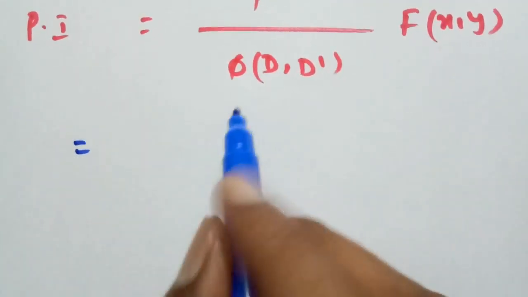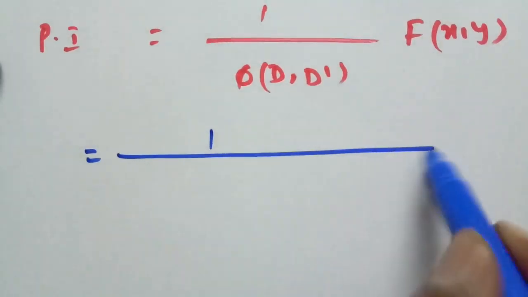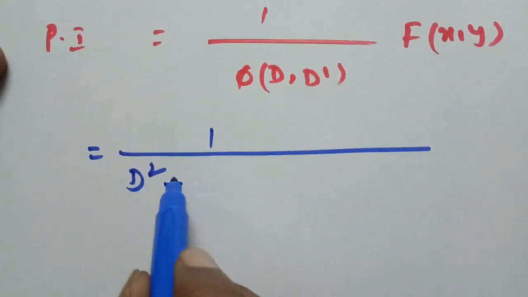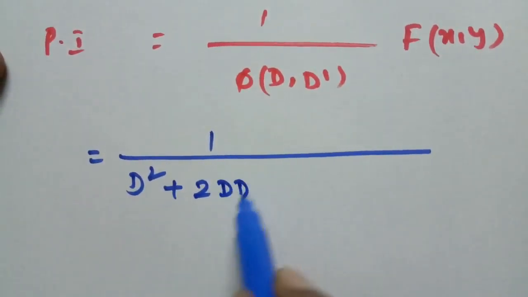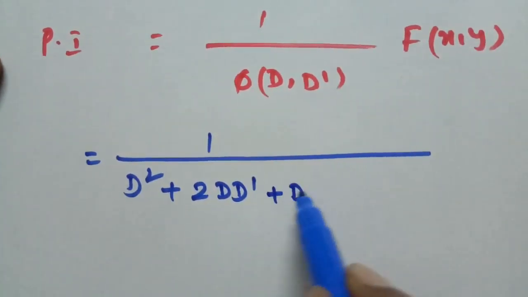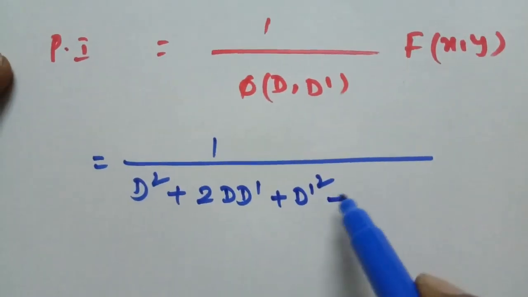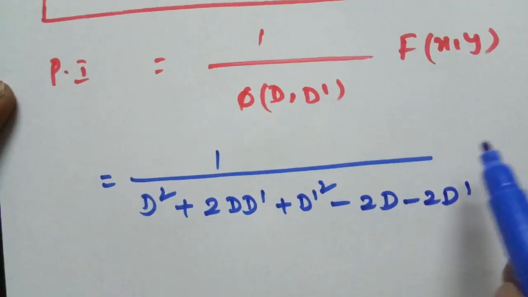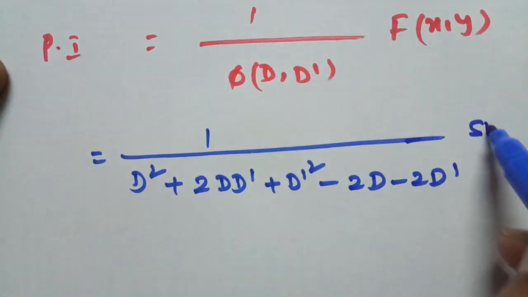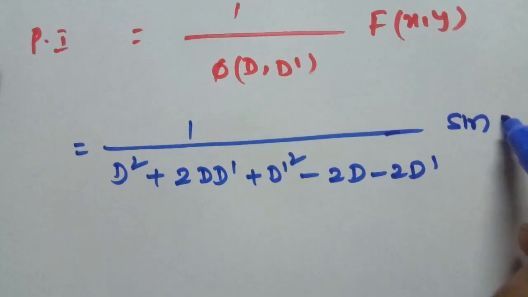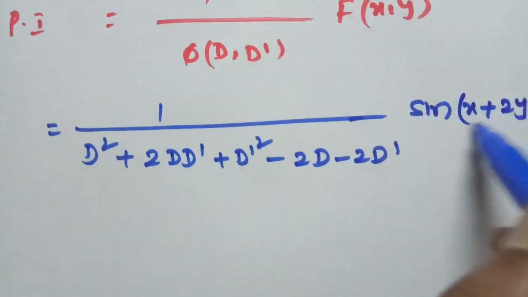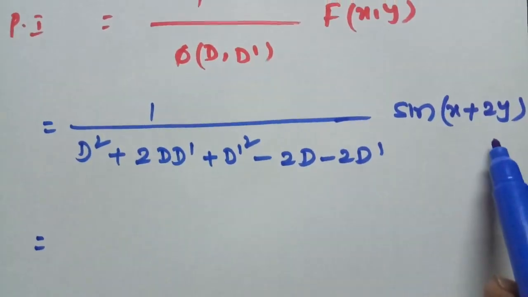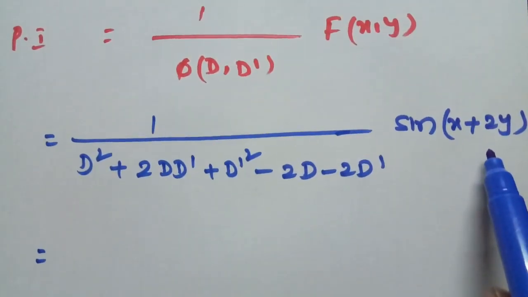Therefore, 1 by D square plus 2DD dash plus D dash square minus 2D minus 2D dash into sine of x plus 2y. Therefore, this is rule number 2 in the homogeneous linear partial differential equation of higher order.